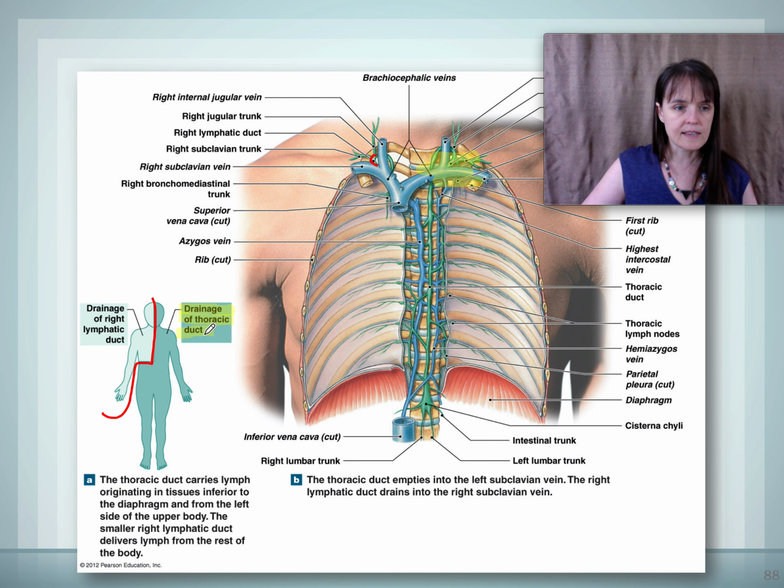And then the rest of the body drains right here in the exact same spot on the left side. So the lymph filters, and those lymph nodes have immune function, and they filter that fluid and distribute things throughout the body and then dump it back into the cardiovascular system.